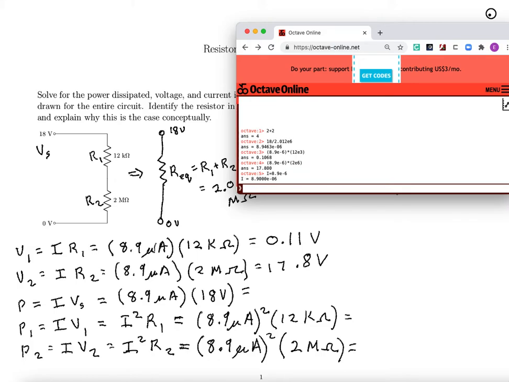And now when I want to do the power, I just take 18 volts times I. That's 1.6 times 10 minus 4 amperes, or 0.16. I'm sorry. Go back a moment, that should be watts.